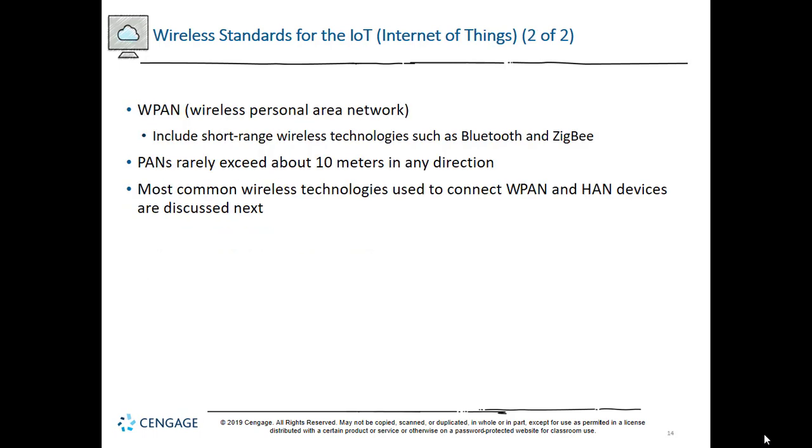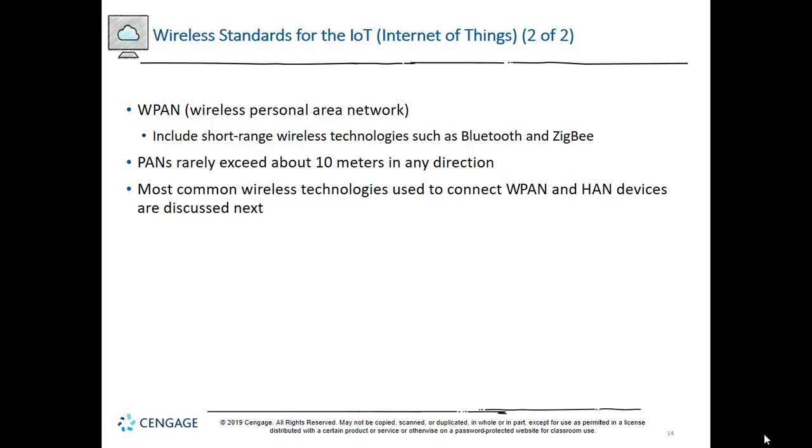Similarly, in a mini version of a LAN, a PAN, personal area network, in a purely wireless version or a WPAN, as defined by the 802.15 specification, these standards include short-range wireless technologies such as Bluetooth and Zigbee.